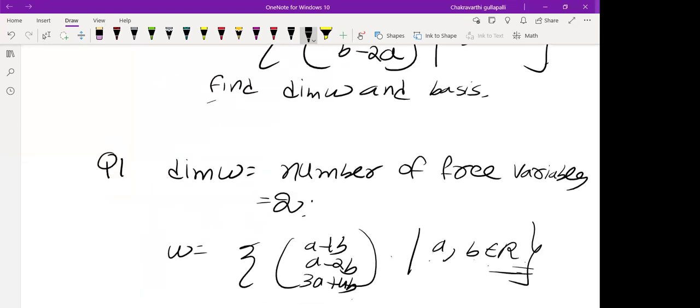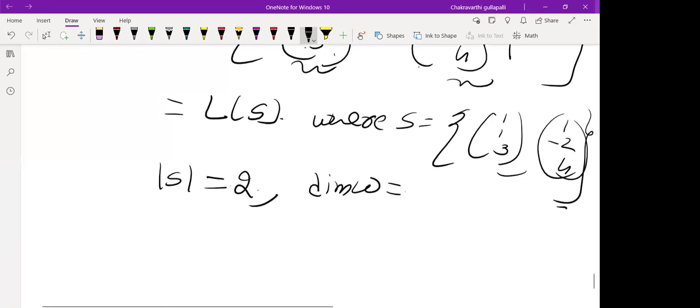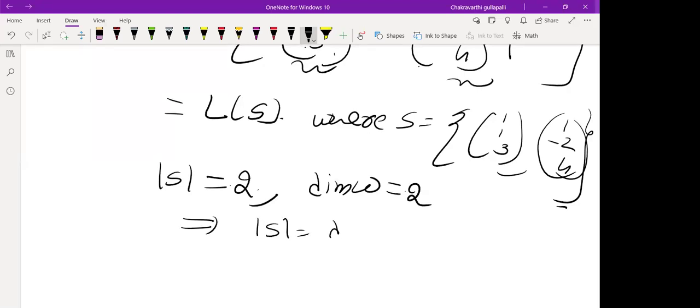Why 2? Because there are 2 free variables. They are equal or not? Yes, ma'am. Not only that, is it spanning or not? Yes. So whenever these 2 are equal and it is spanning, we need not check independence. Automatically, S is a basis.